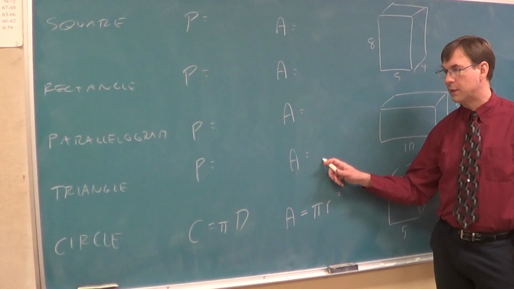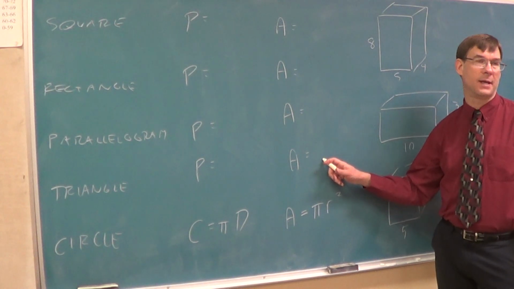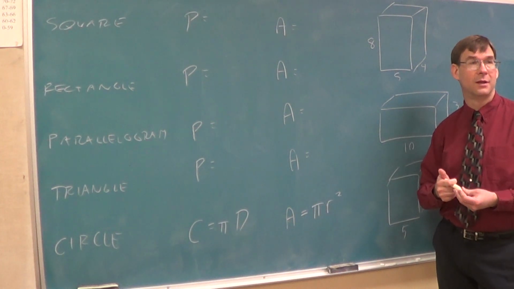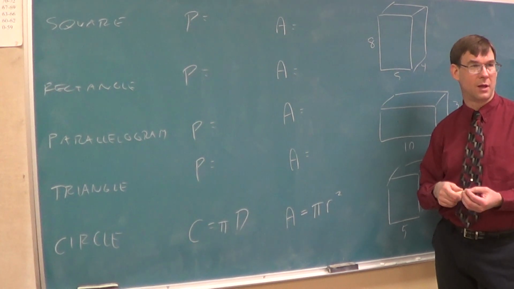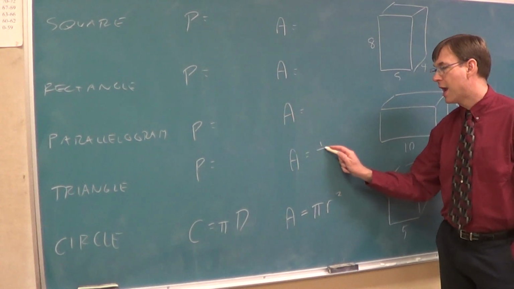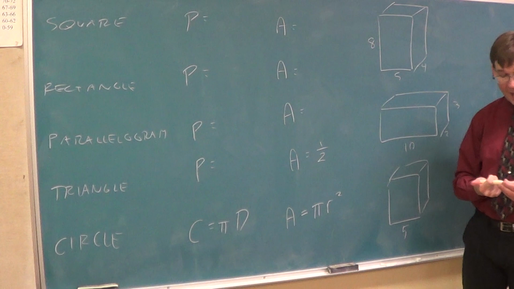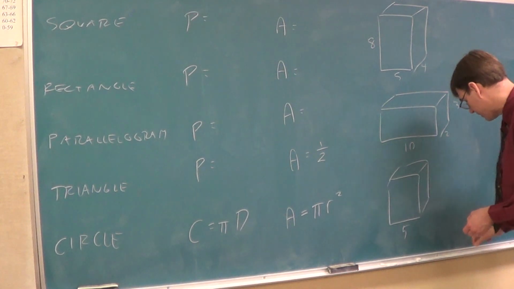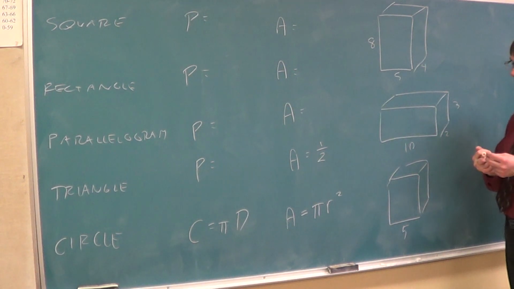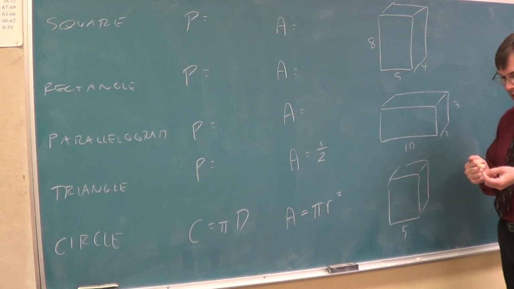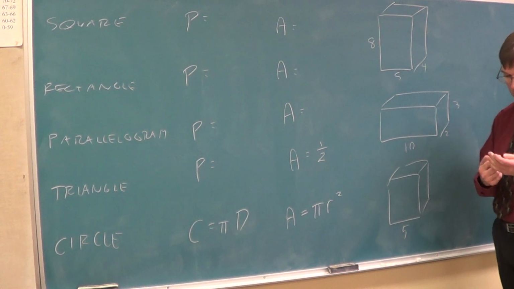Areas of triangles, we did something we didn't do for anybody else. Then we cut them in half. So the area formula for triangles, we're going to need to get a half in there. That's the only one that's going to use a half. No other fractions are going to be on this thing.